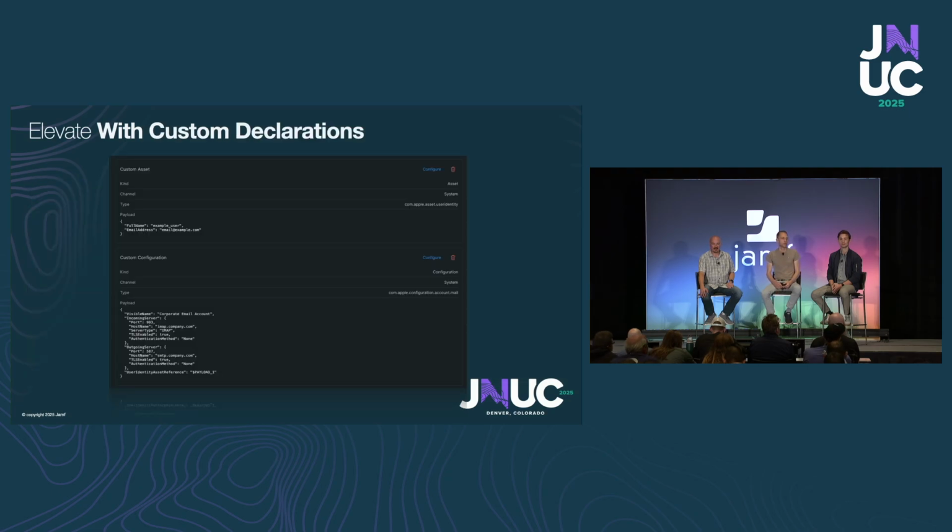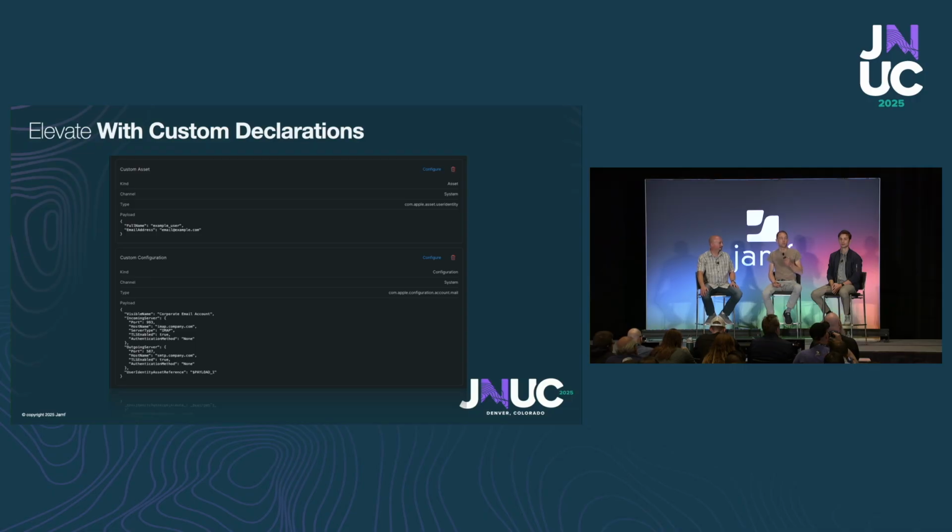Another great way to make the most of blueprints is through the upcoming custom declarations component. This new feature is going to enable you to create assets or configurations that are not yet available in our existing components library.